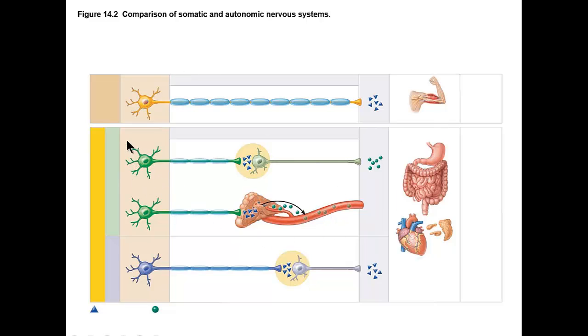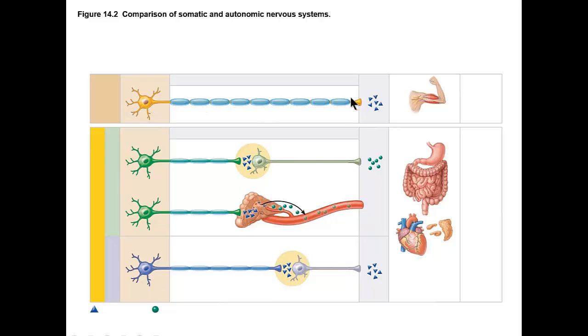That means one neuron going from the central nervous system out here to the effector organs. Which one has that? Just the somatic. Yep, one cell, or one neuron, one axon. Because these have two, don't they? This one has two, this one has two, so only the somatic has one neuron.